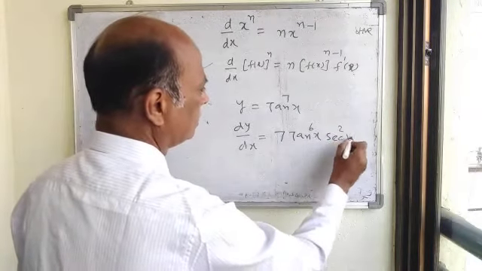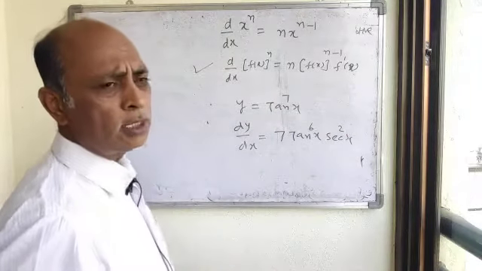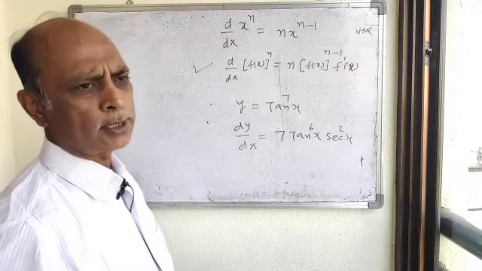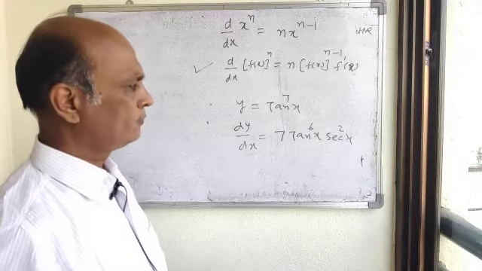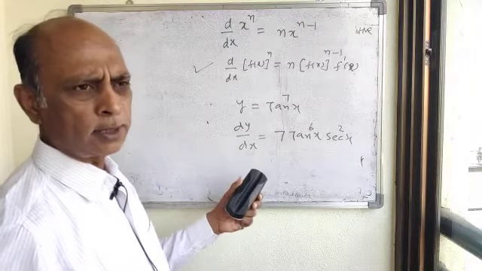So this is the derivative of this function tan to the power 7 of x. So in this way you can find the derivative of any power function, tan to the power 7, tan to the power half, whatever it may be.